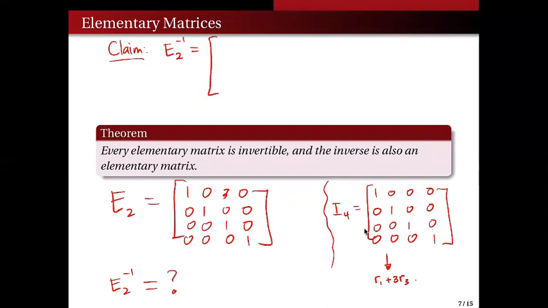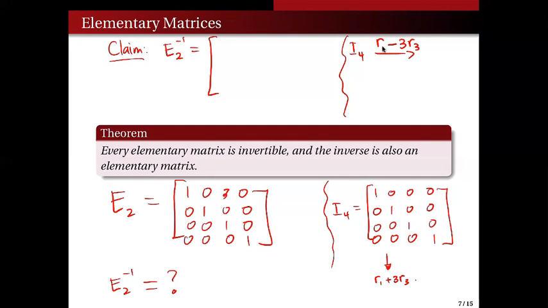From I4, we apply row 1 minus 3 row 3, because from before you had row 1 plus 3 row 3. This time, you add negative C, so you now have negative 3.